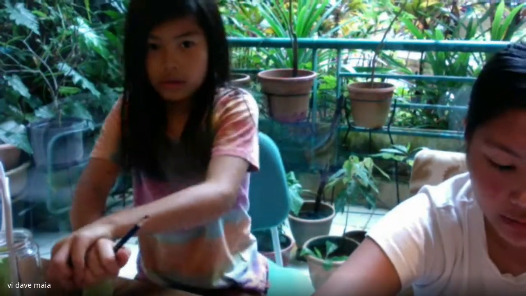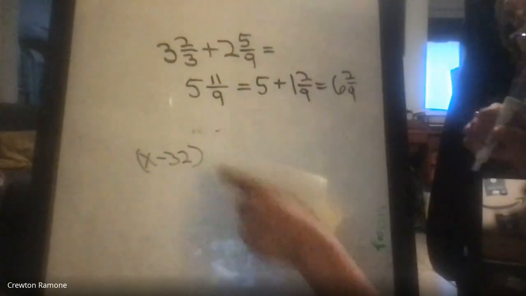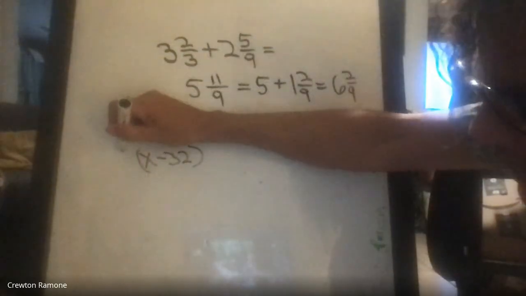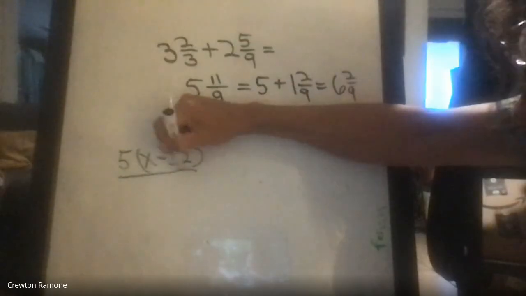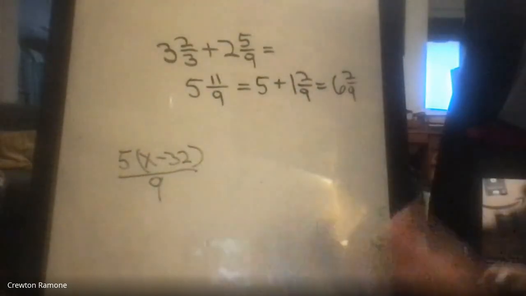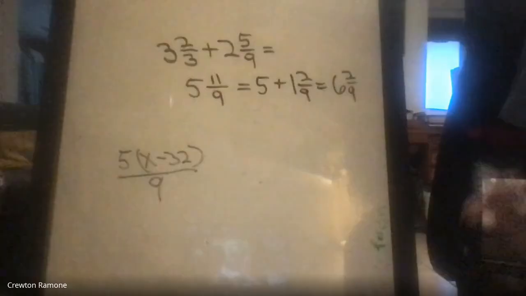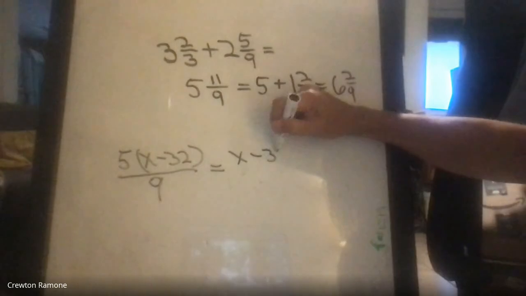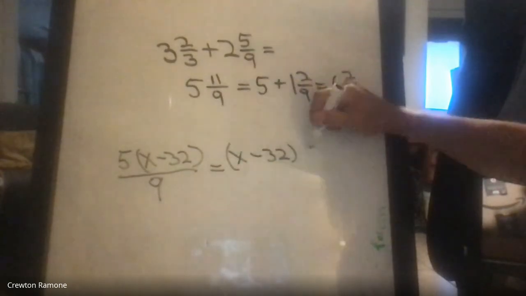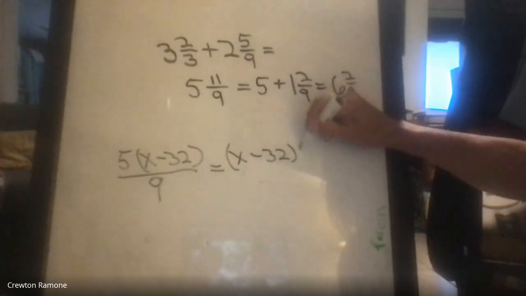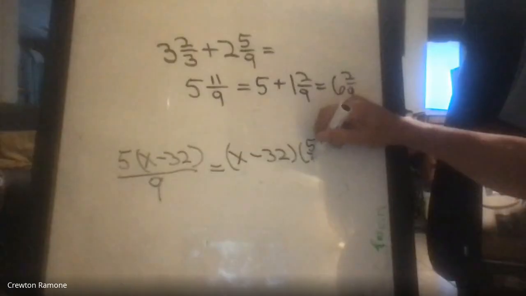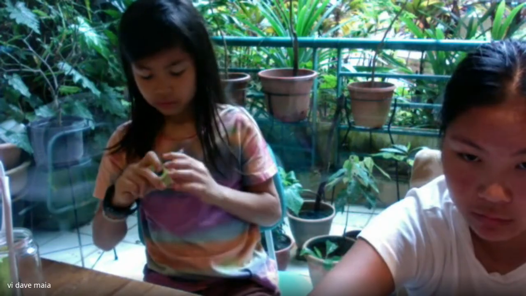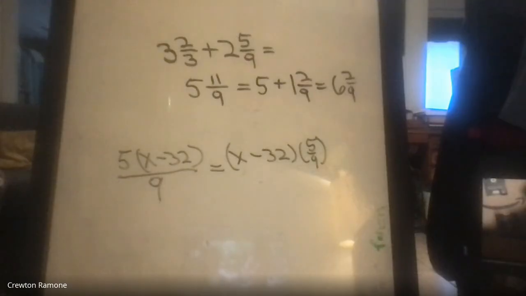I could get crazy about this if I want to do some algebra. I could say 5 over here and then go by 9, right? Technically. Or I think the way you were writing it was in a straight line, X minus 32, whatever the temperature is, times 5 ninths. Right?